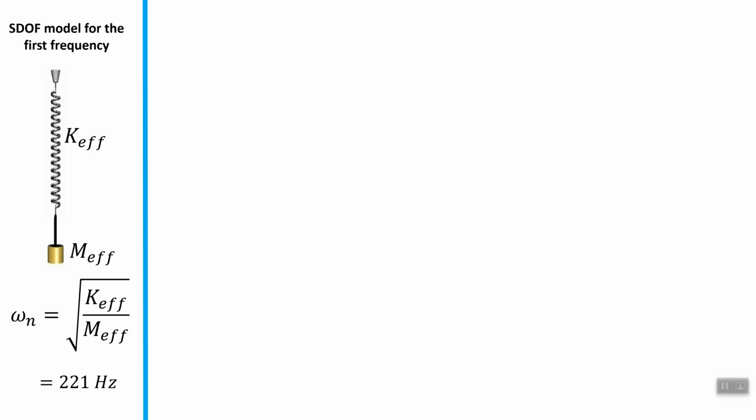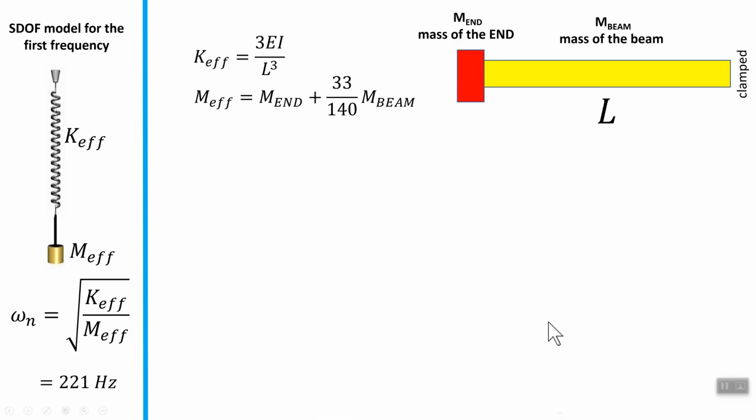It has some kind of a mass that we have to incorporate, and the natural frequency of it can be estimated from the well-known single degree of freedom model, which is square root of k over m. Now I'll show you that based on the numbers that I'm using, this will be 221. Remember, this is a single degree of freedom vibration solution. We are trying to do this problem and then compare it with this 221, at least to some extent.